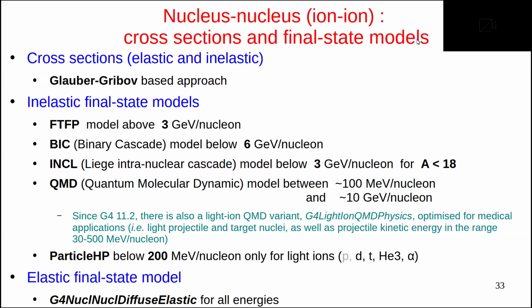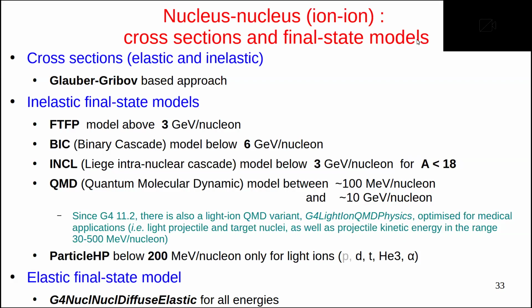There's no additional question on the Matomo, but maybe I'll interject. Currently, is there no configuration which combines light ion QMD and the original QMD by selecting things? Yes, it's just not written in this slide. In the shielding physics list, if you use it without specifying anything, you use the original QMD.